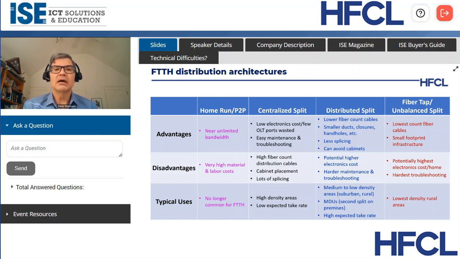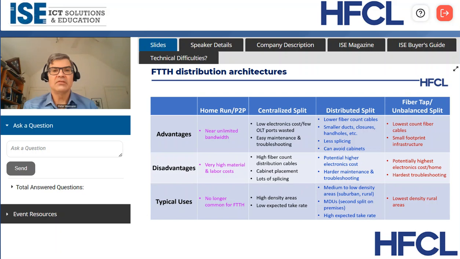Now the distributed split, which is again becoming more popular. The good news is you can use lower fiber count cables, and you don't need the cabinet. Everything gets smaller with low fiber count cable. Your splitters can be housed in splice closures or pedestals, so it's maybe aesthetically more pleasing. There's also less splicing involved because there's less fiber.